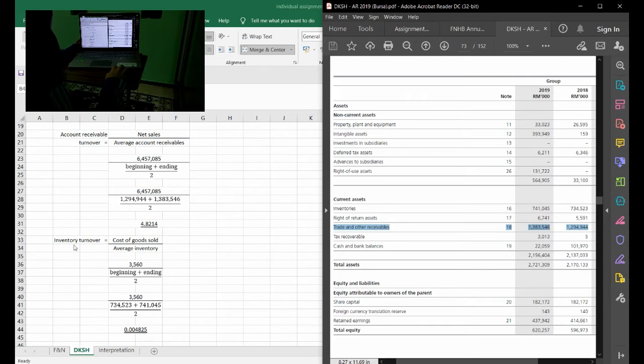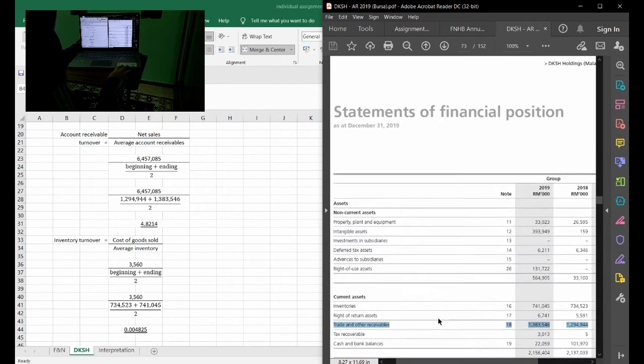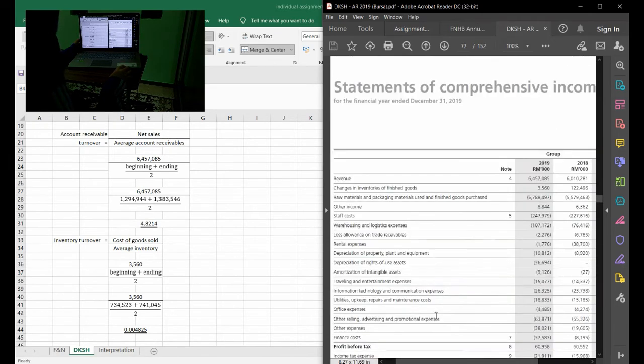Lastly will be the inventory turnover, where the formula is cost of goods sold divided by average inventory, where the cost of goods sold is taken from the statements of comprehensive income, where it has the same meaning as changes in inventories of finished goods, where the figure is 3,560.